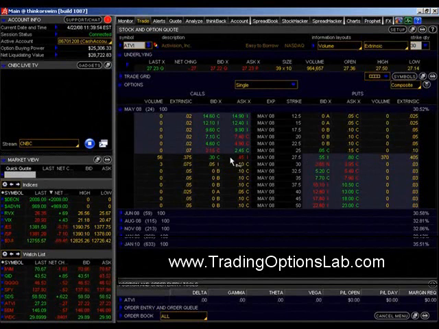Well, if the stock doesn't move, slowly, day by day, this option that you purchased would slowly erode in value. Why? Well, the reason is that you have the right as a call buyer to purchase the stock at the strike price that you purchased, in this case $27.50, at any time before the third Friday of May.